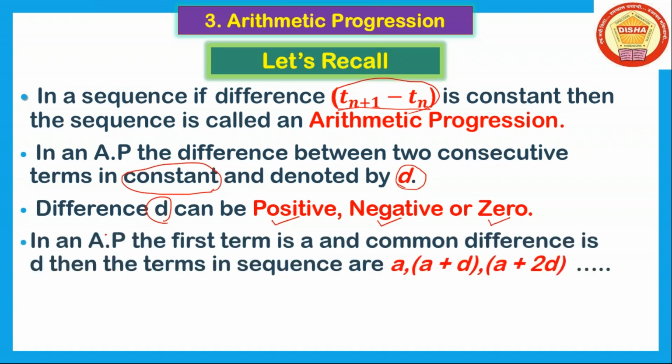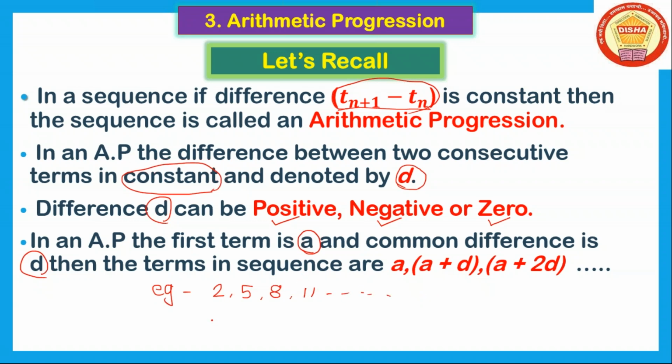Then we see again, in an AP the first term is a and the common difference is d. Then the terms in the sequence are a, a plus d, a plus 2d and so on. See now. For example, I am taking 2, 5, 8, 11 and so on.